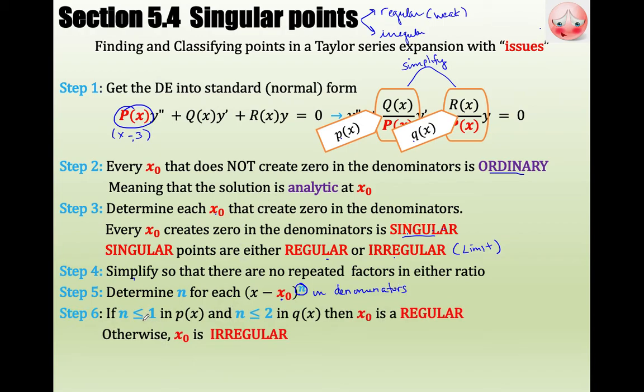If the factor with your singularity point is represented only once, or to the 0 power, or not at all in your first fraction, and your singularity factor is represented in the second fraction twice, once, or to the 0 power, then you have a weak singularity point, and you can say that your singularity point is regular.